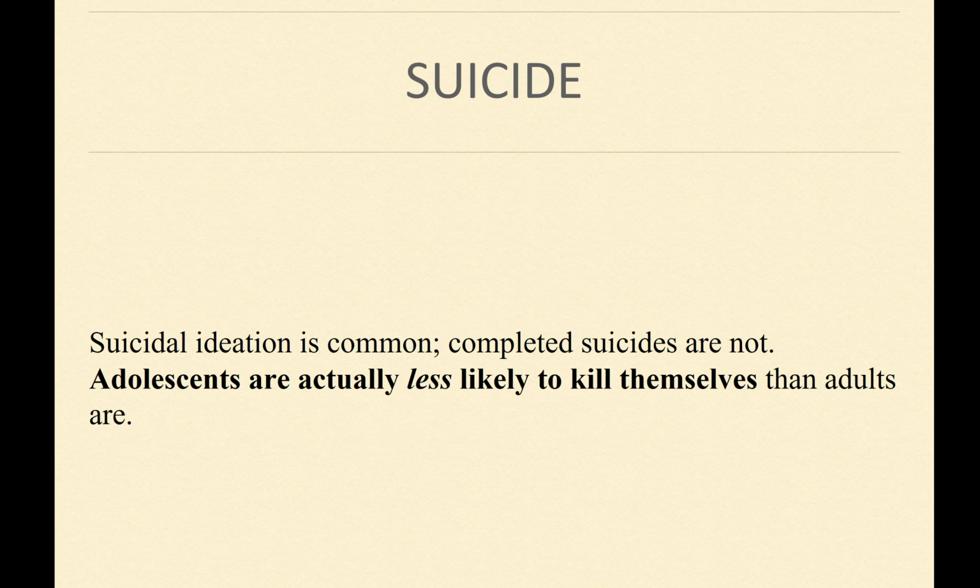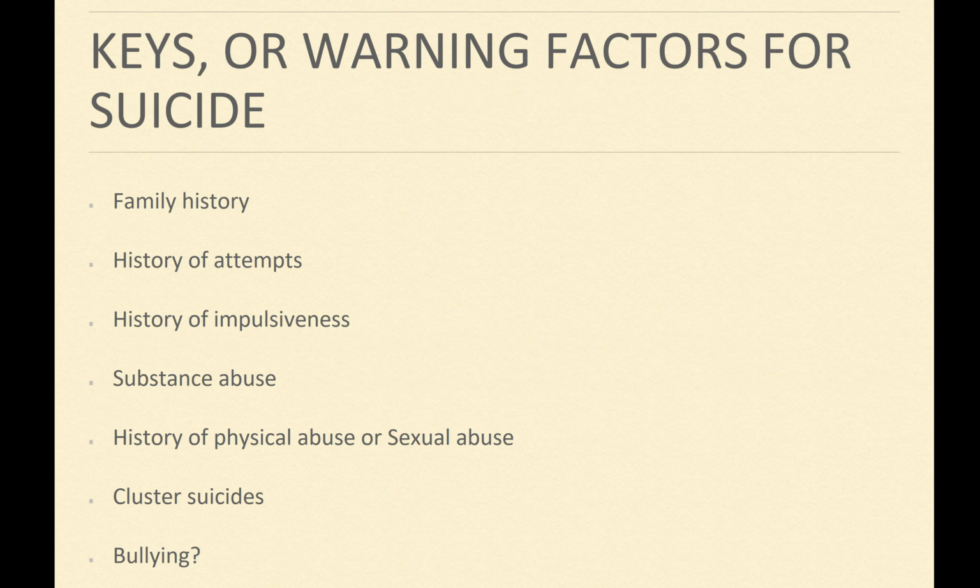So a couple of things to watch out for, or key warning factors. Family history, believe it or not, tends to be highly predictive of suicidal behavior. We're not actually sure. There was an article I had read once that said there might be a genetic component to suicidal behavior, but it was one article, and I'm not sure about the current research on that. History of previous attempts.